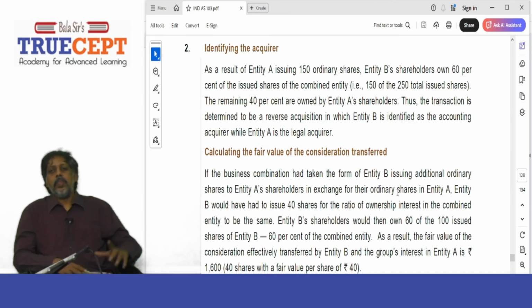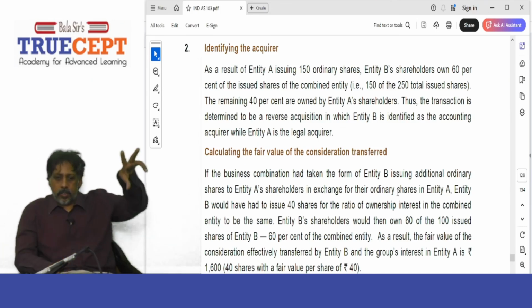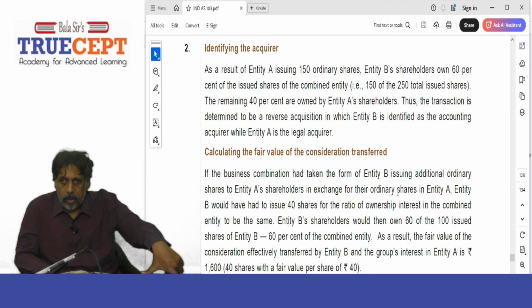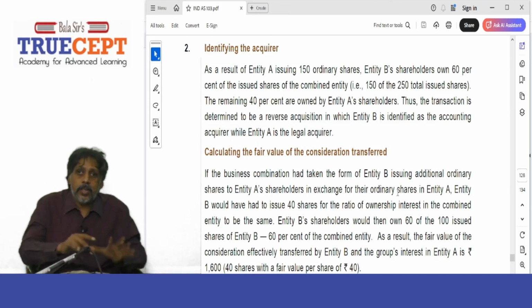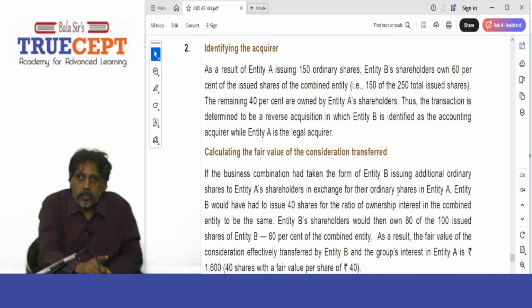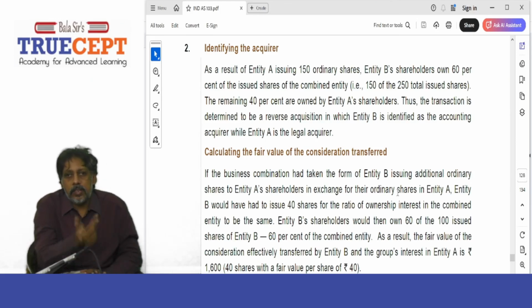Very simple. You guys are holding 60 shares in your company. They should represent a 60% holding in the combined entity. But that's what, no? 150 by 250. 60%. So if this 60 represents 60%, what is for 100%? Or what is for 40%?